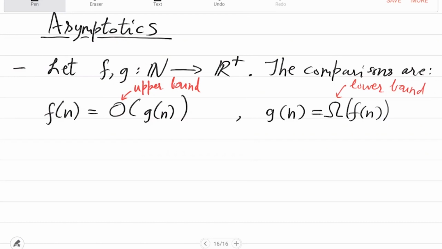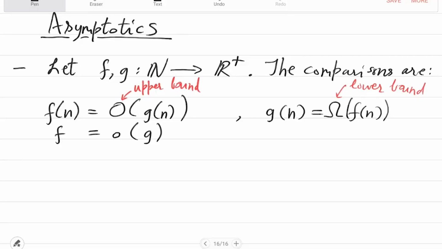Okay, and then you may want to make it stricter. So you can say that f is equal to small o of g. What is the meaning of that? Yeah, so now if you look at the ratio f by g, it actually tends to 0. Okay, think of f as square root g.